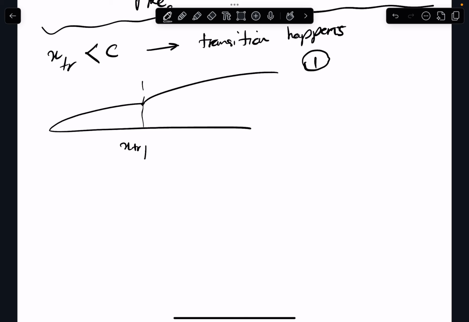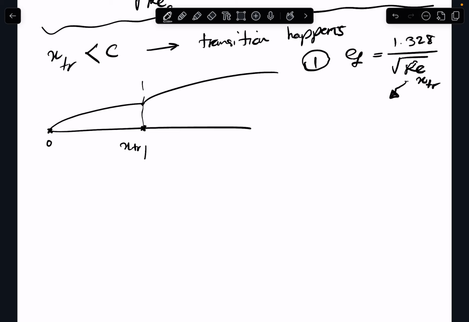The first step is calculating the laminar drag between 0 and X transition. So we have already calculated the location of X transition, so we already know this. And we know that between 0 and X transition, we have laminar flow. So we're going to use the laminar formulation for the friction coefficient. But the Reynolds number is the transition Reynolds number, not the trailing edge Reynolds number, not C. So it is Reynolds number at the transition location, not at the trailing edge.